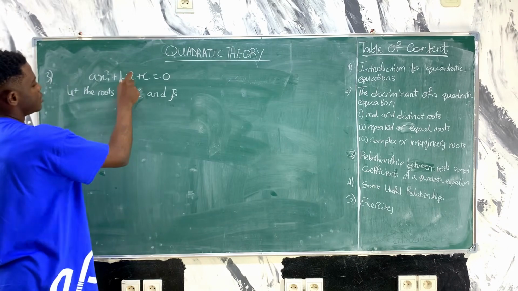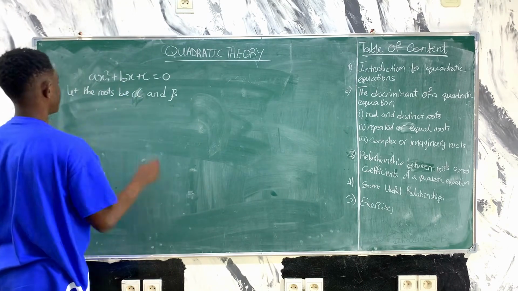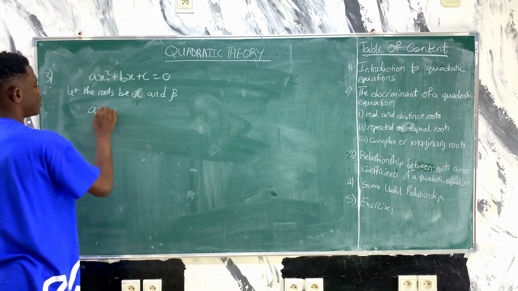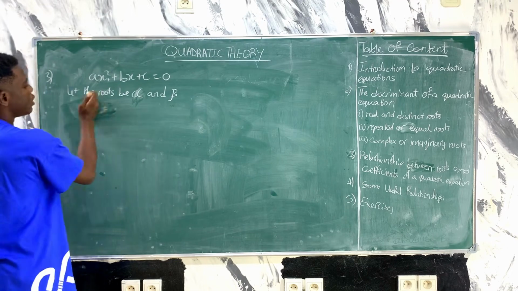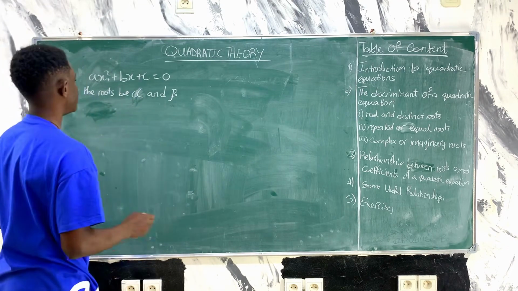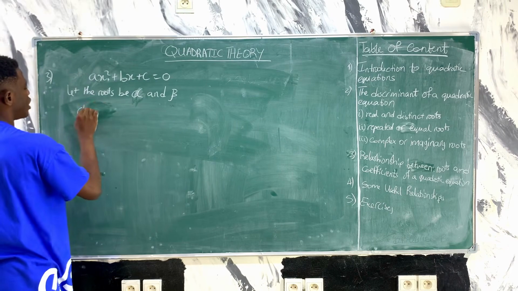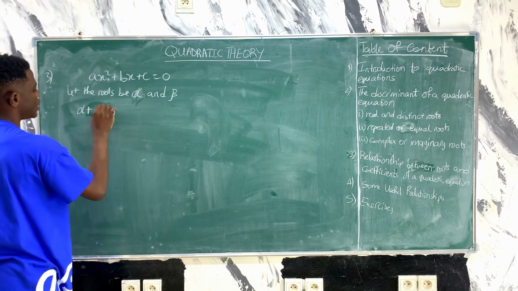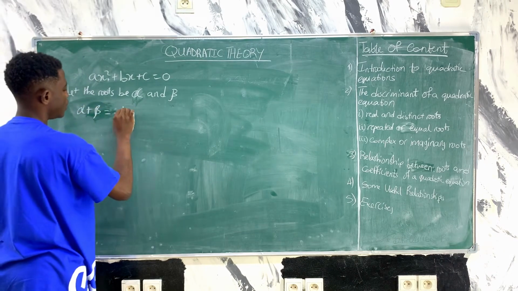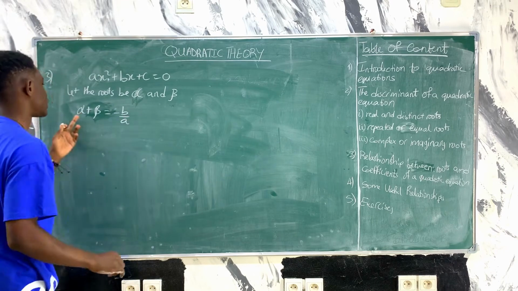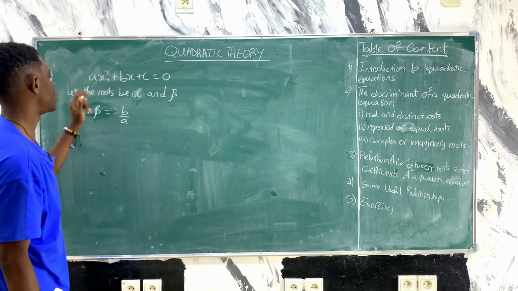If you want to write this in terms of the roots, if these are the roots of the quadratic equation, it means when you sum the roots, you have alpha plus beta is equal to minus b on a.